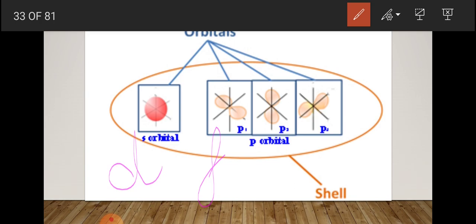In this screen, s and p are here, and d and f orbitals are also there. So total orbitals are of four types: s orbital, p orbital, d orbitals, and f orbitals. And these orbitals are of different shapes.